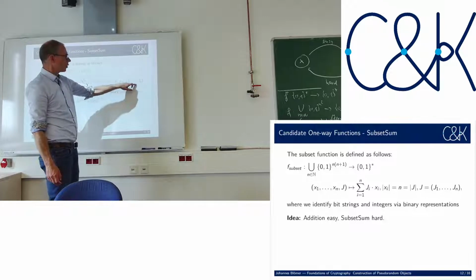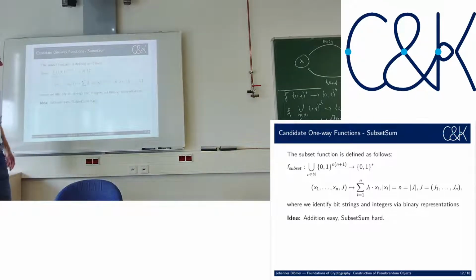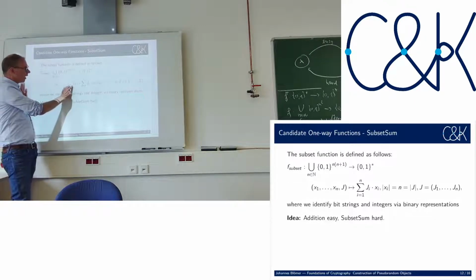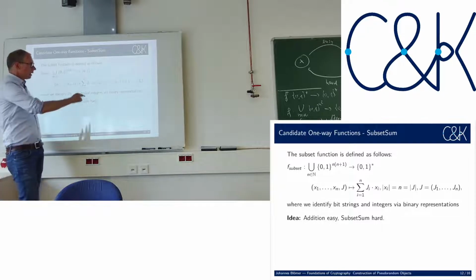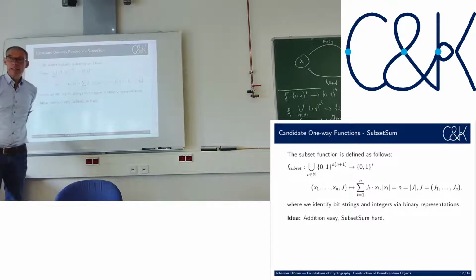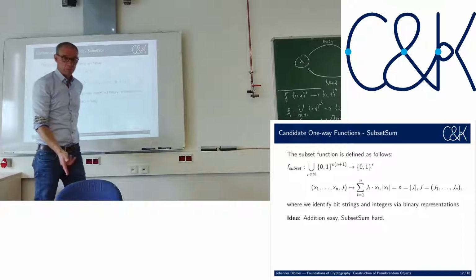Individual bits of J are denoted by j1 through jn. And again, I identify bit strings and integers via binary representations. Then the image of x1 through xn, comma J, is the sum from i equals 1 to n of ji times xi. The xi's are now integers. The ji's are just bits.